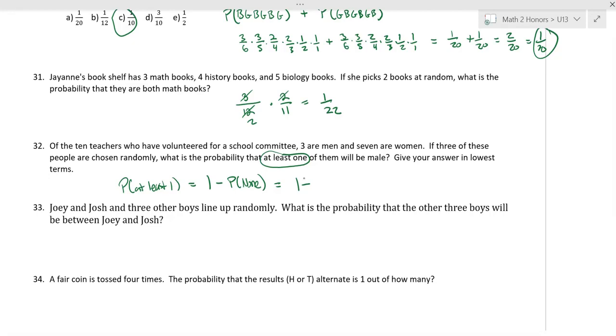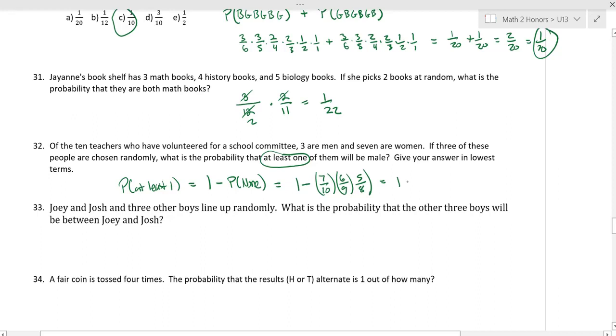So there's 10 teachers, and 3 are men, 7 are women. So the first one's a woman, will be 7 out of 10, and then 6 out of 9, and then 5 out of 8. And then you just work through this problem here.